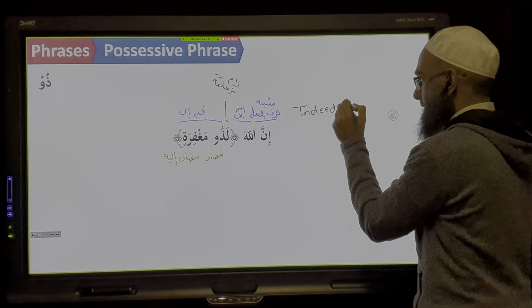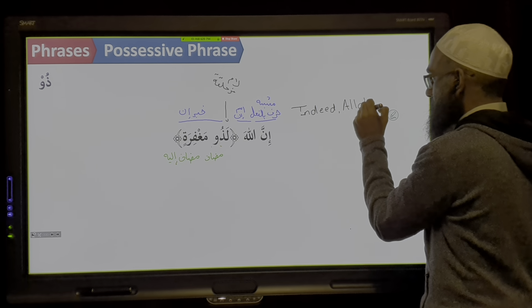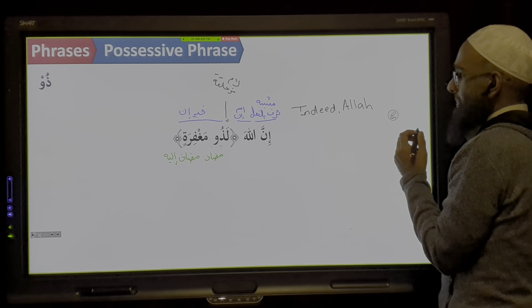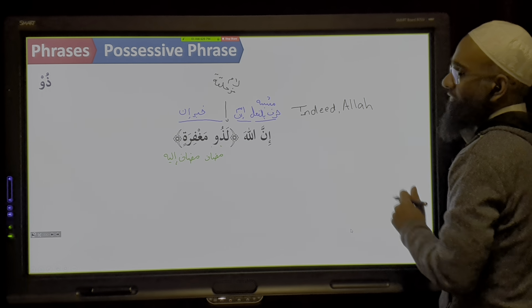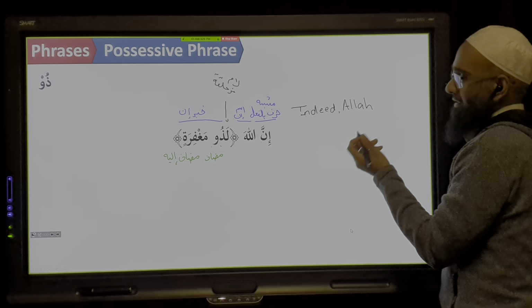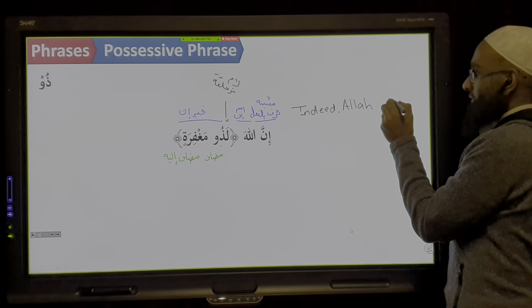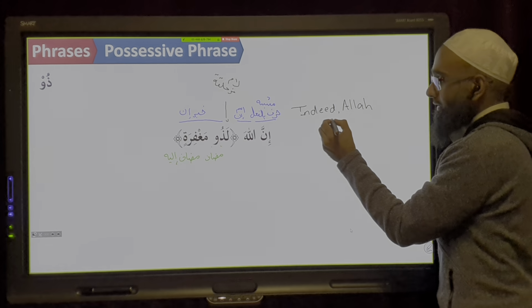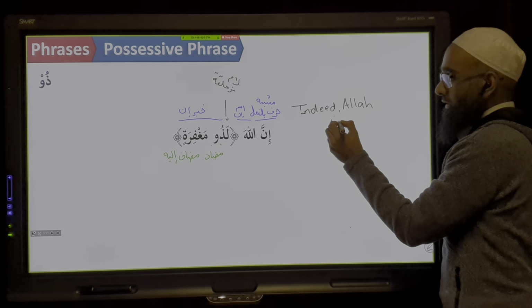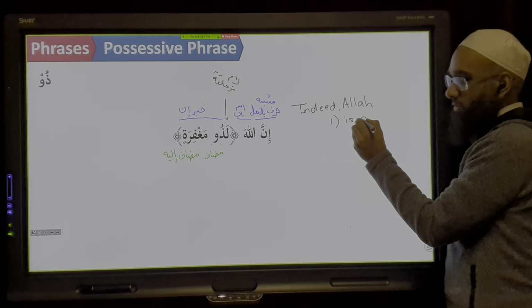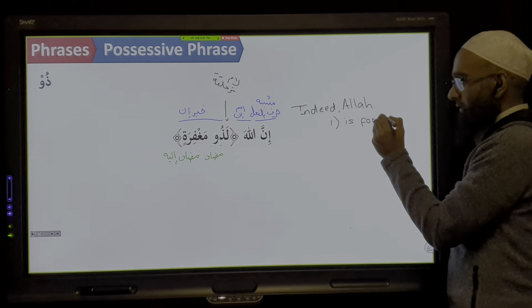How would you translate this? Indeed, Allah, maghfirah, forgiveness. We can translate it in different ways. We can say Allah is forgiving.